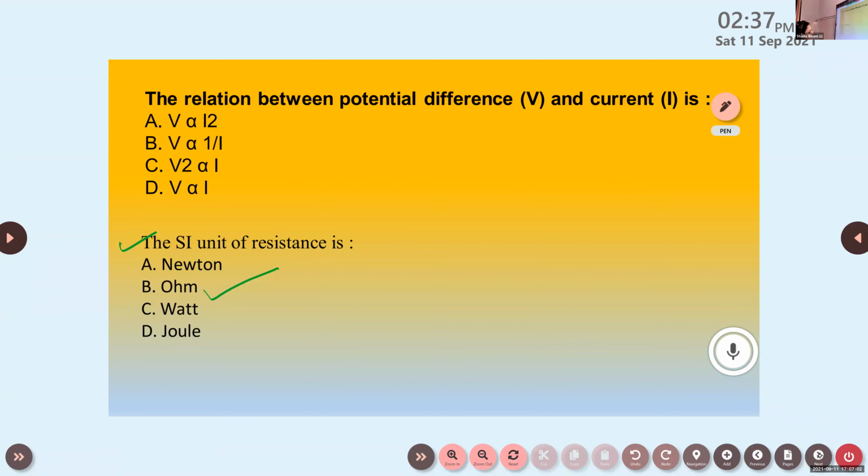SI unit of resistance is ohm. The first question is to boys.